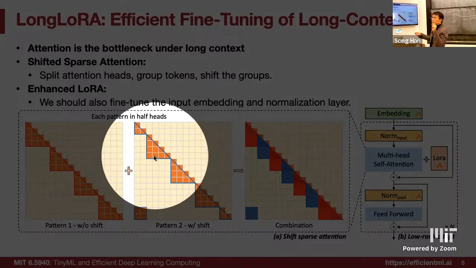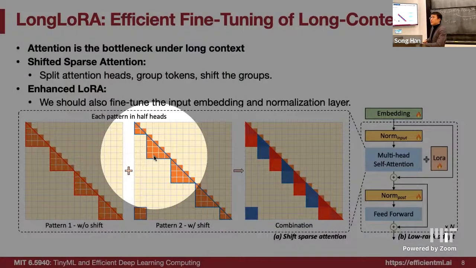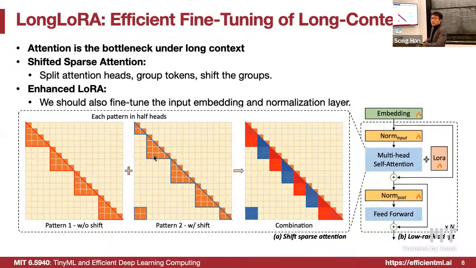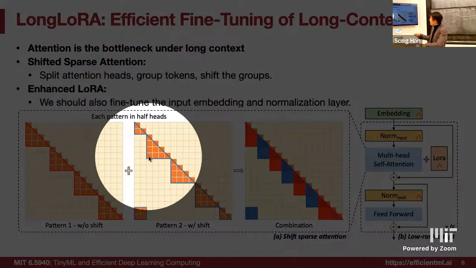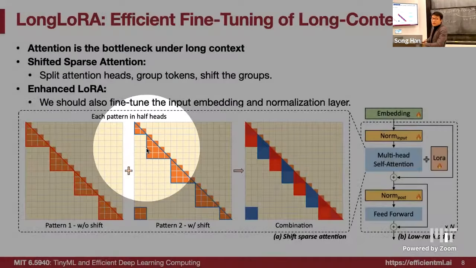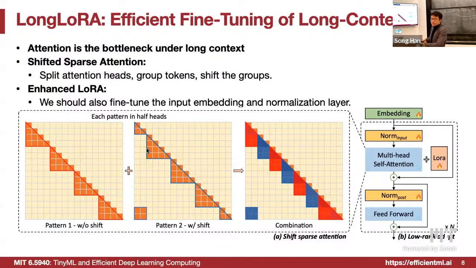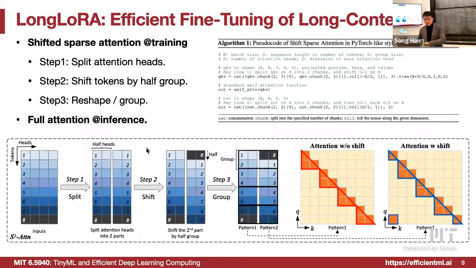They are coming from the same QKV projection. So this is 1 to 4, and this is 3 to 6.